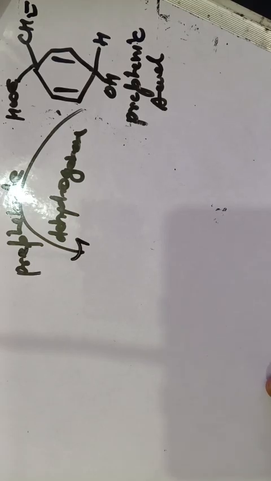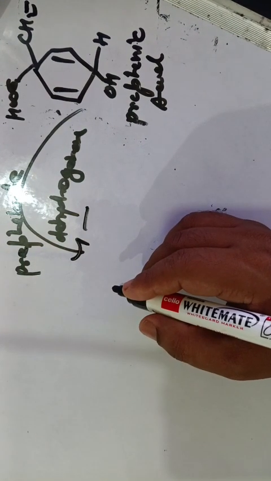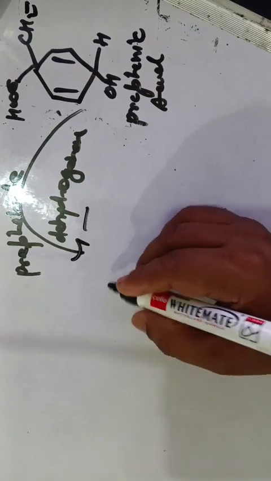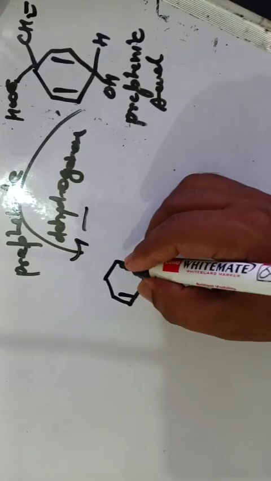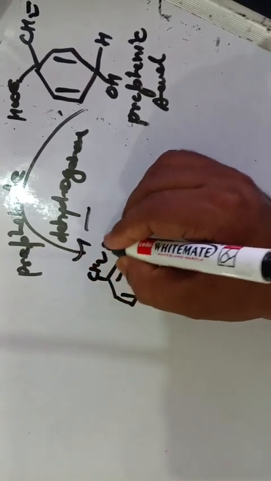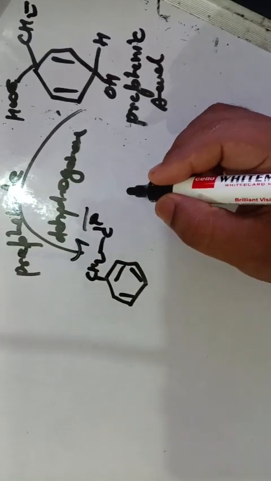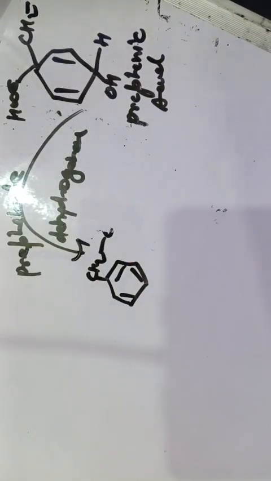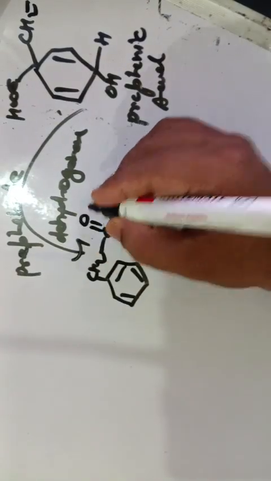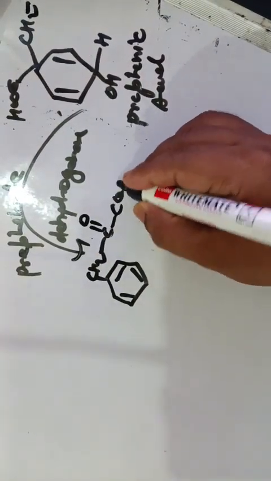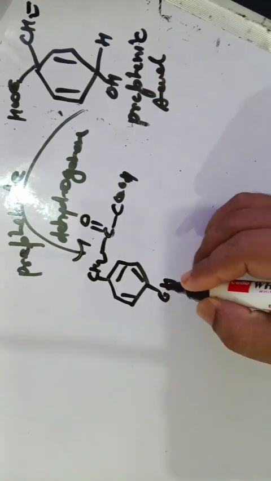Now when we use prephenate dehydrogenase, this enzyme, on prephenic acid, then we will get a new compound, that is 4-hydroxyphenylpyruvic acid. We are going to make the structure of 4-hydroxyphenylpyruvic acid: CH2, C double bond O, COOH.